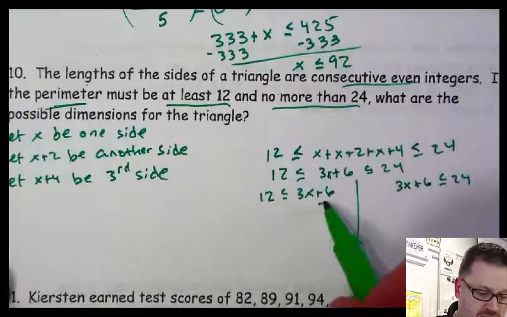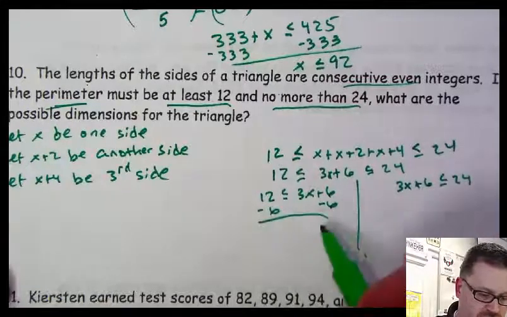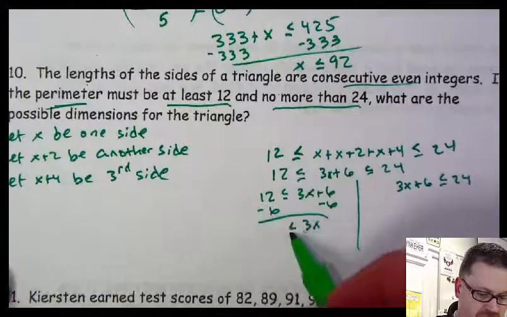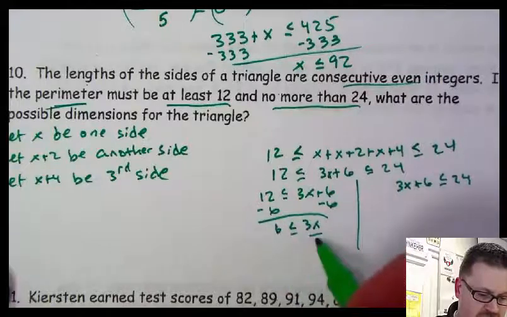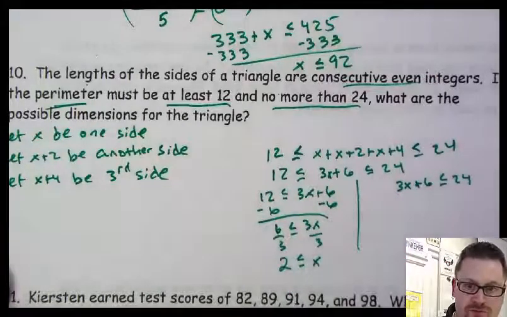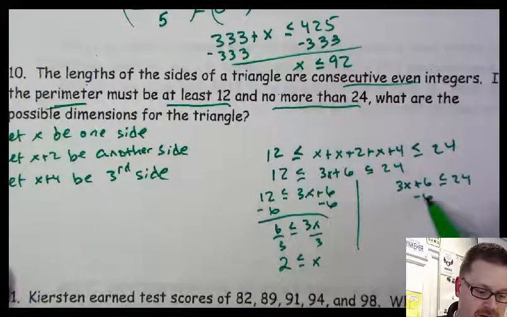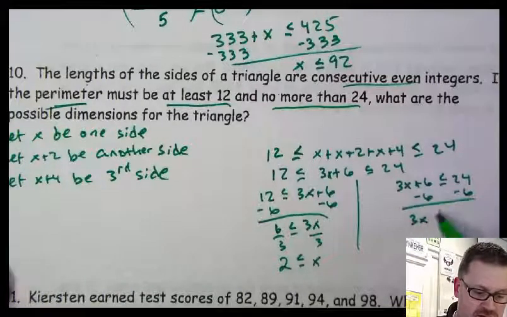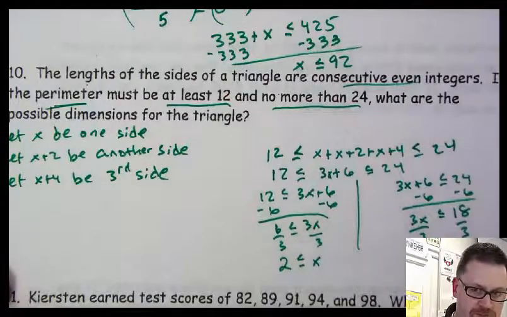Solve both of these separately. Subtract 6, 3x is 6, divide by 3, so that x is greater than or equal to 2. Subtract 6 so that 3x is less than or equal to 18, divide by 3, so that x is less than or equal to 6.